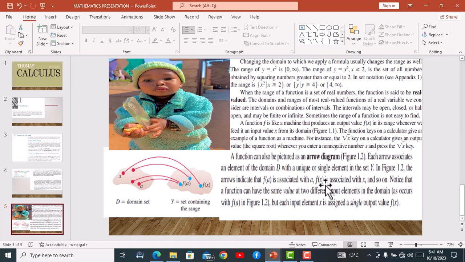Notice that a function can have the same value at two different input elements in the domain, as occurs at f of a.